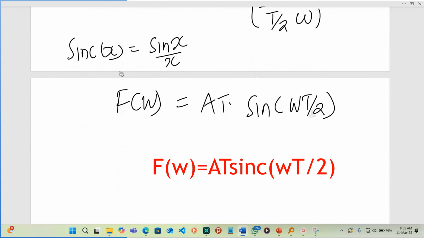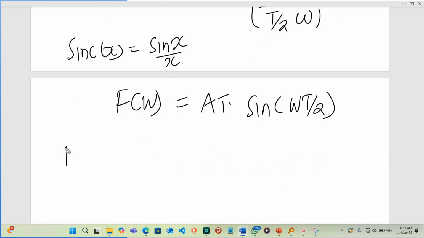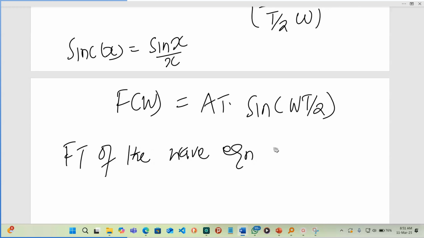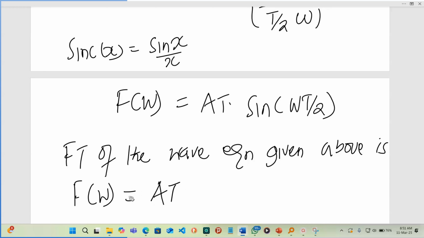So finally, the Fourier transform of the wave equation given above is F of omega, that is angular frequency, which is equal to A T times sinc of omega T over 2. So we have moved it from the time domain.